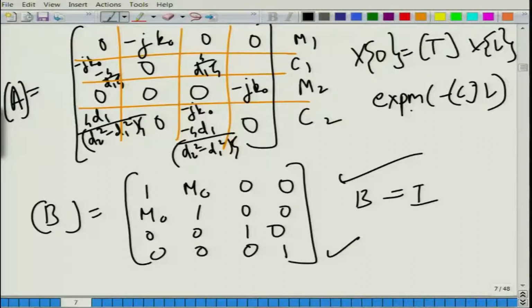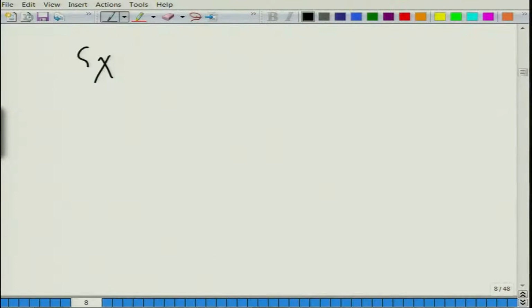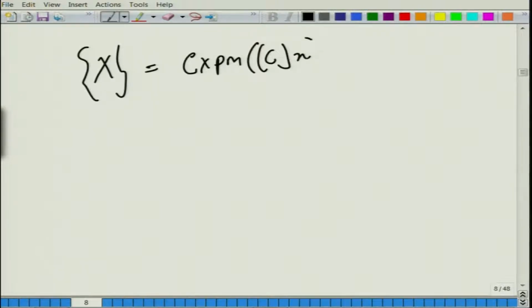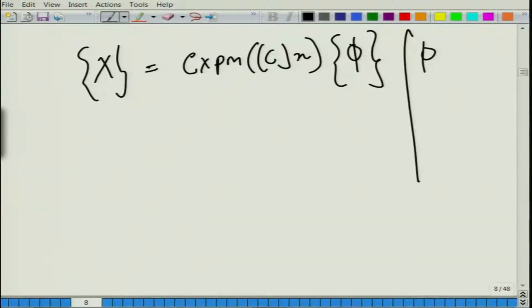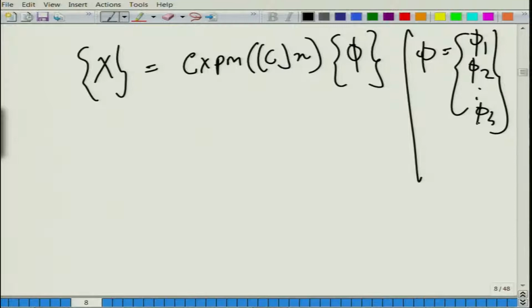I have just shown the derivation, which we discussed in a bit of detail in the last class. So your x vector becomes expm of Cx times a phi vector, where phi is a set of constants, phi 1, phi 2, phi 4, which are to be determined from the boundary conditions, basically relating things upstream and downstream.